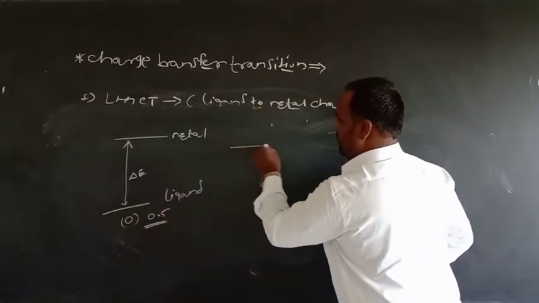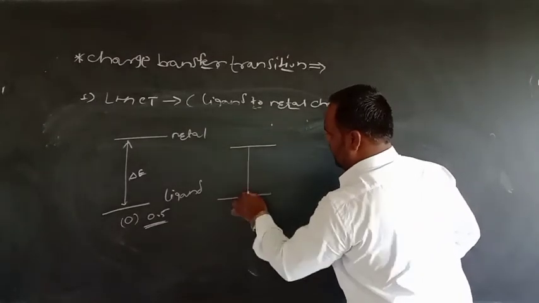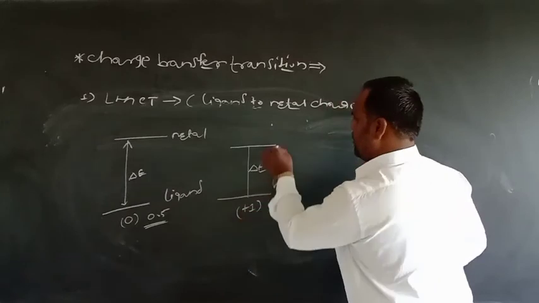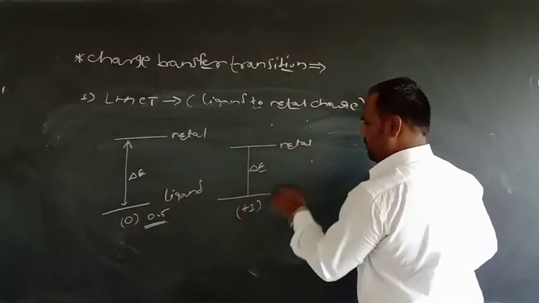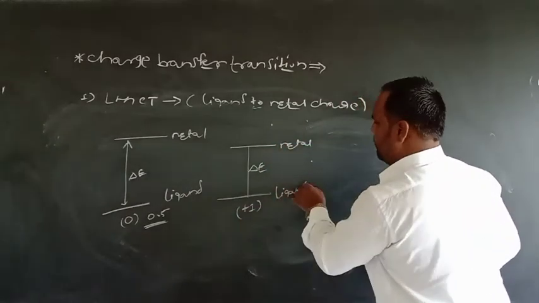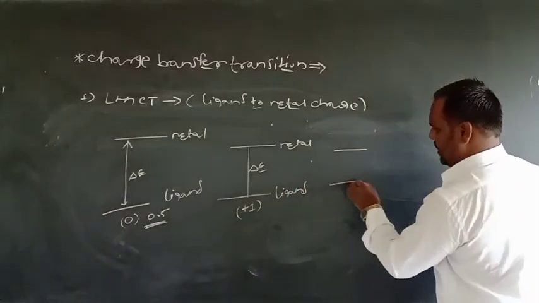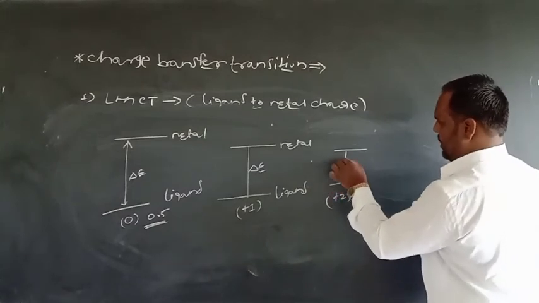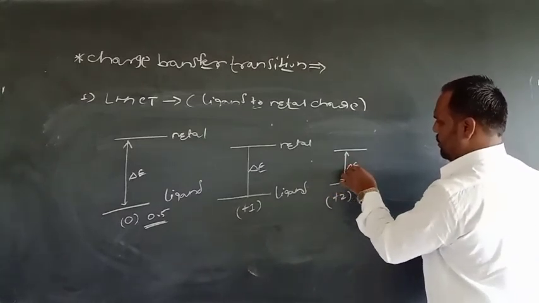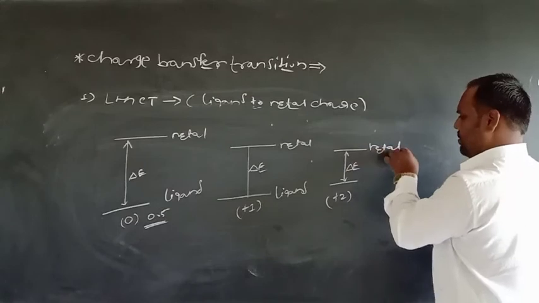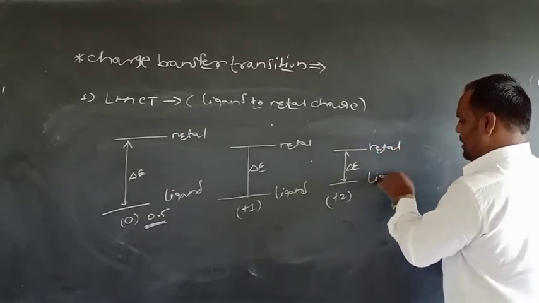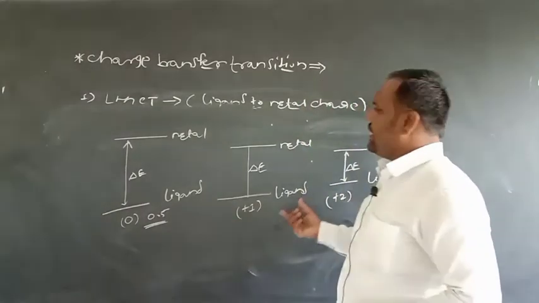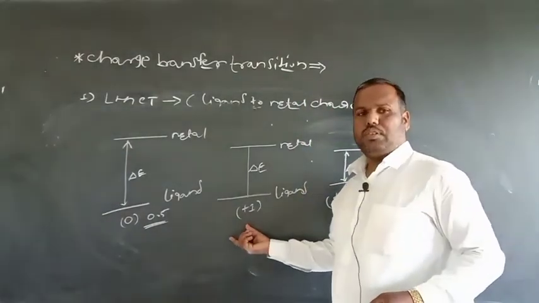Then if you go further, the energy difference for +1 oxidation state decreases, and if you increase the oxidation state, that is, the metal atom is in +2 oxidation state, again the difference goes on decreasing between metal and ligand. So as the oxidation state of the metal atom increases, the intensity of LMCT also increases.